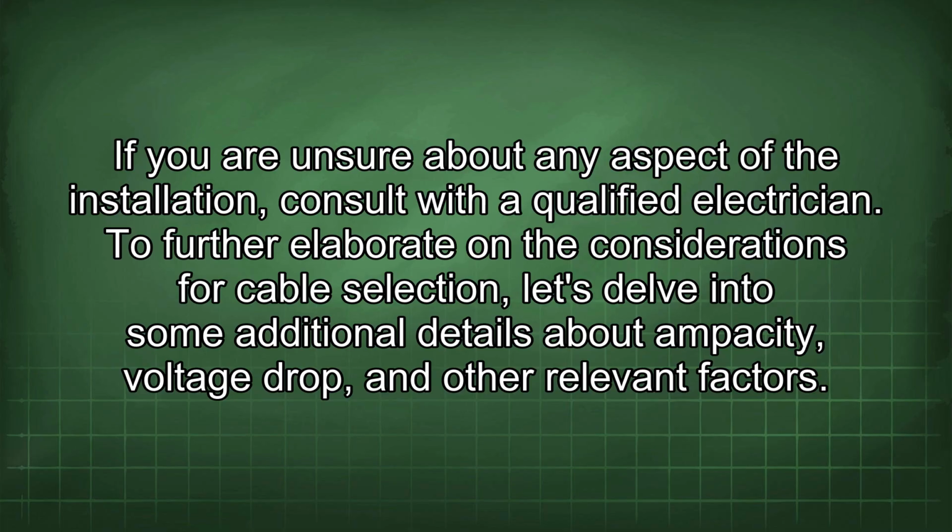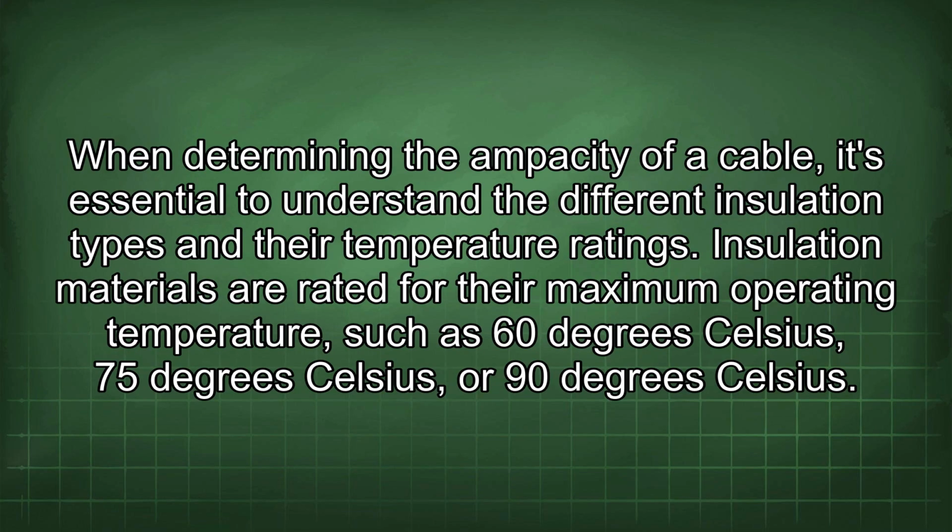To further elaborate on the considerations for cable selection, let's delve into some additional details about ampacity, voltage drop, and other relevant factors. When determining the ampacity of a cable, it's essential to understand the different insulation types and their temperature ratings.